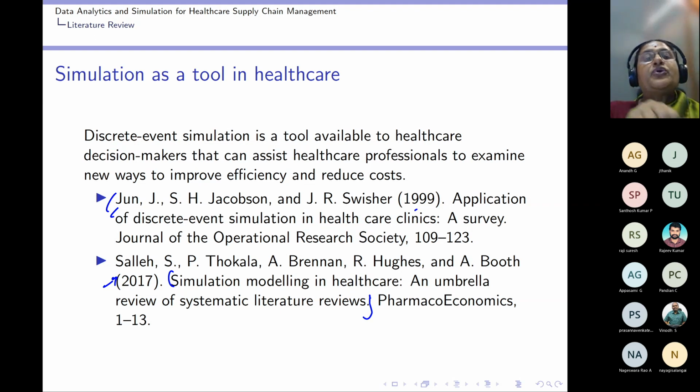So for any one of you who hopes to deep dive into simulation and healthcare, you can refer to these two papers. You'll have a good understanding of how simulation as a tool is applied in both healthcare supply chain and healthcare delivery.